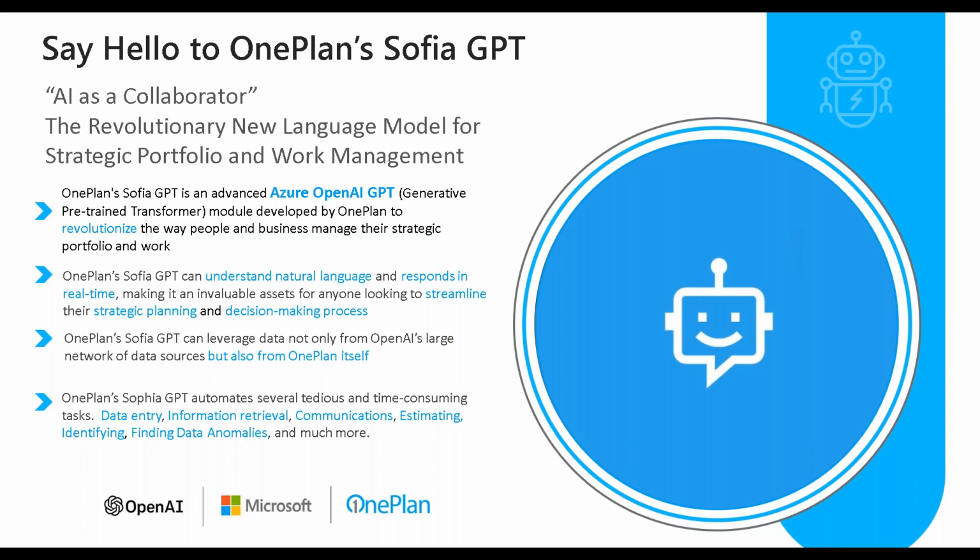And as you'll see, it also applies to Agile portfolio management. So it will help to automate data entry, information retrieval, communication, and so on. And again, we're just getting started in this journey of making an AI collaborator within strategic portfolio management and Agile portfolio management.